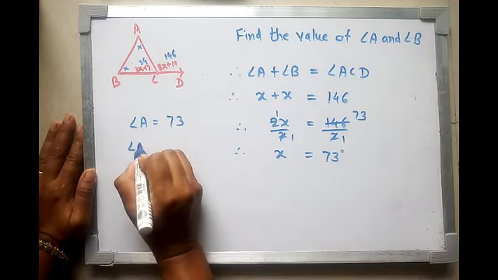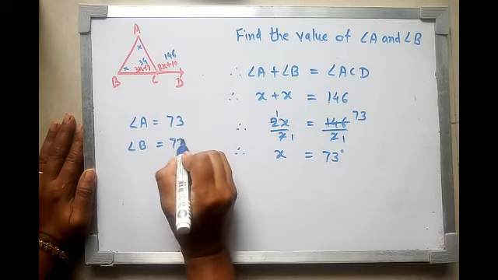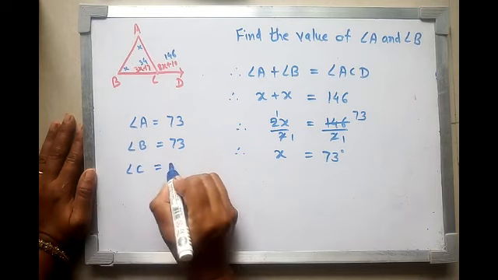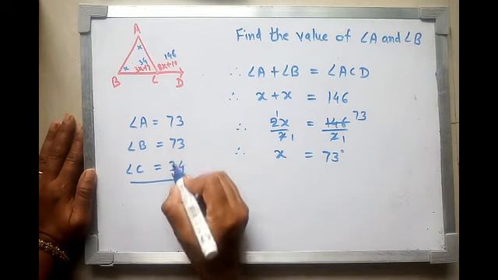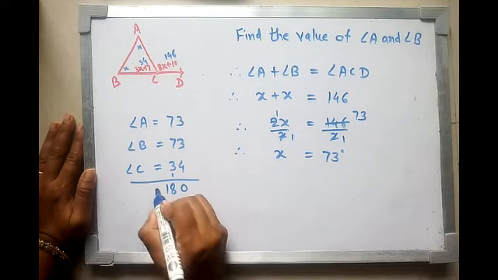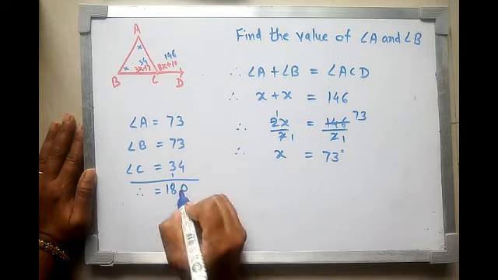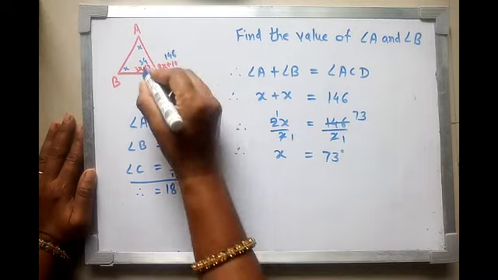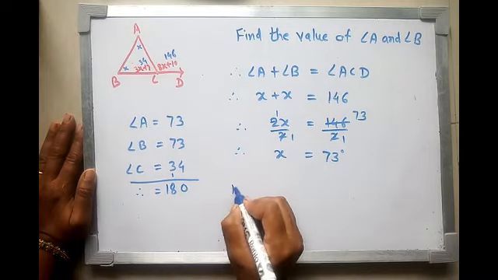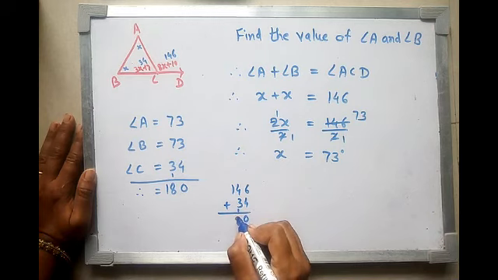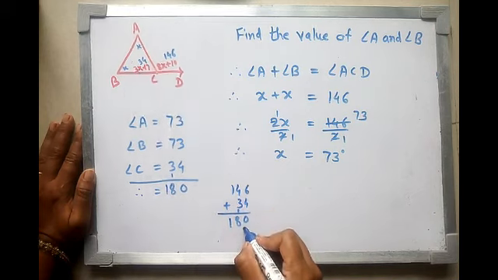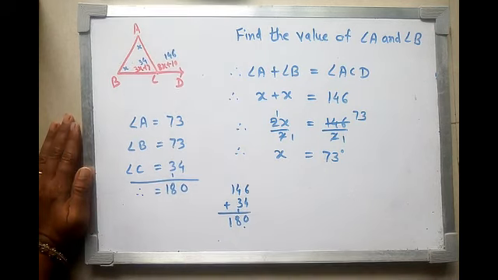We got the measurements of three angles: angle A, angle B and angle C. The sum of these three angles is 180 degrees. 146 plus 34 is 180 degrees. The two angles are linear pair angles.